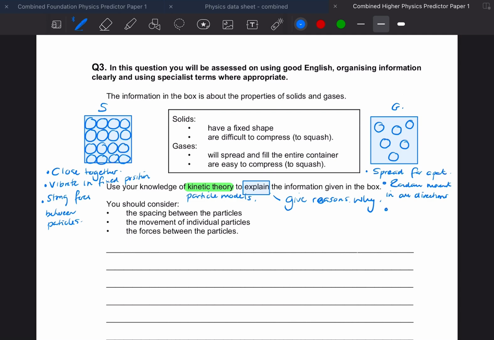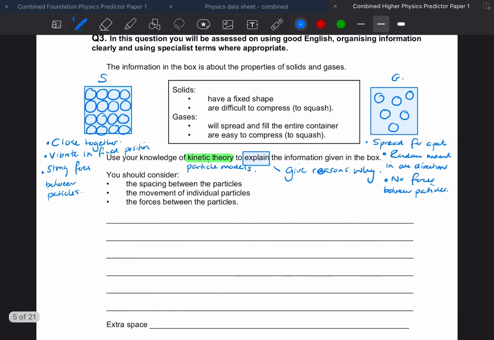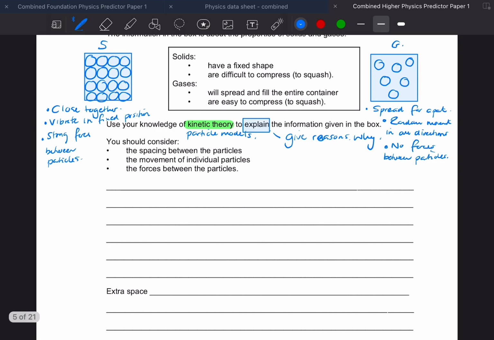And the forces, there are no forces between the particles. Okay, so I've got my description set up there. So let's see if we can start to explain it. So let's go with the first one. So let's start with the solid.